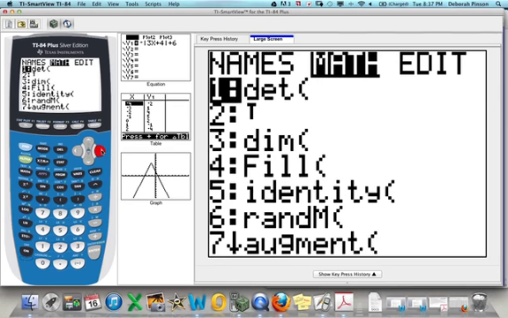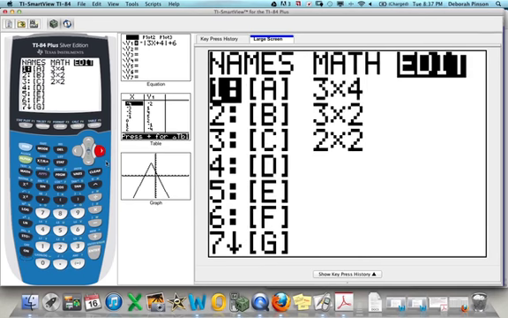Your second column, just hit the over button, has a whole bunch of different things that you can do with matrices. We're only going to use one of them here in a second. The third one is where you can actually edit your matrices, and that's what we want to do.